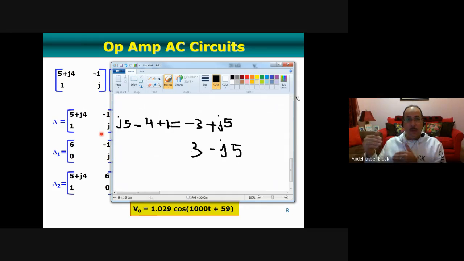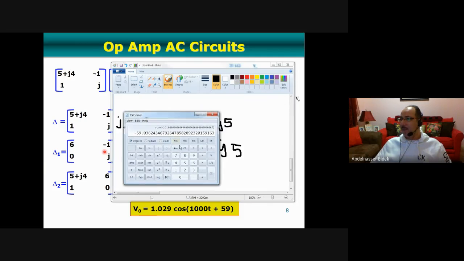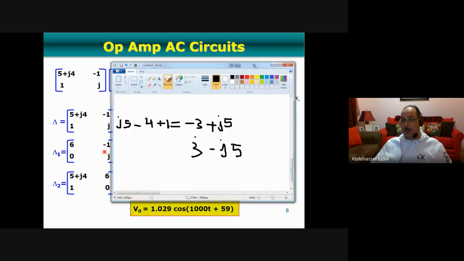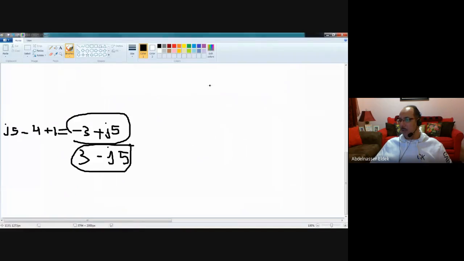So the calculator will give you an answer for both of them the same way. If I say -5 divided by 3 equal, and then say inverse tan, it will give you -59. So of course the angle here is different from the angle here. Which one do we need to know here?